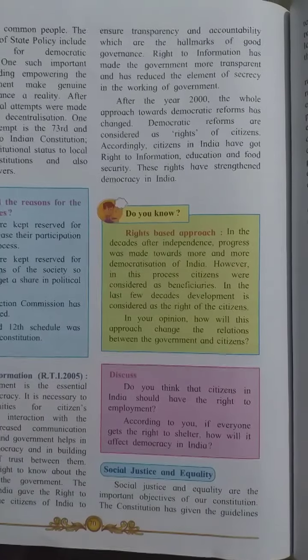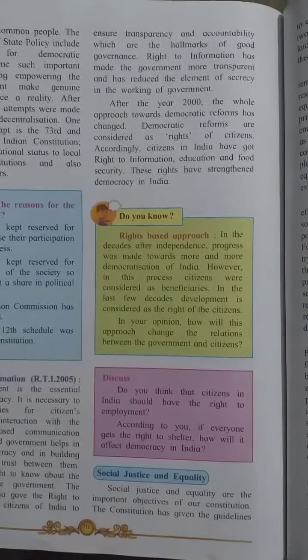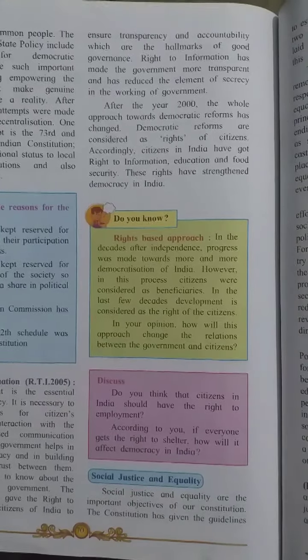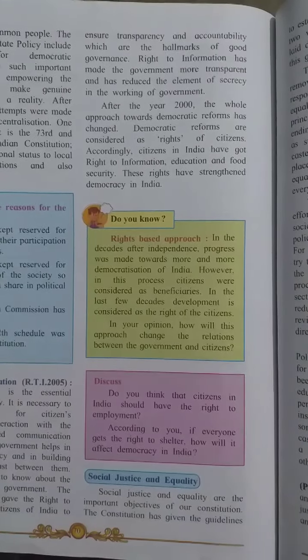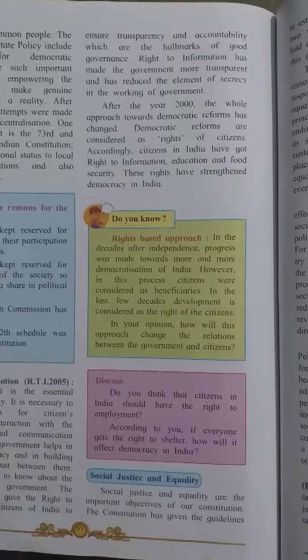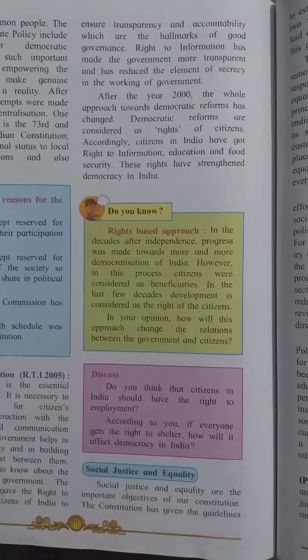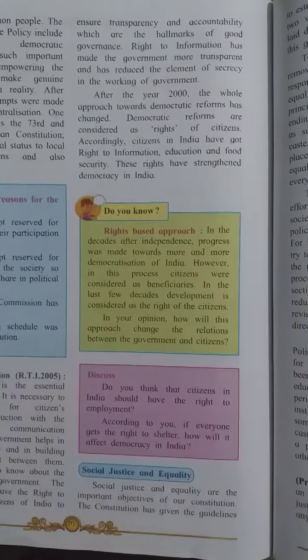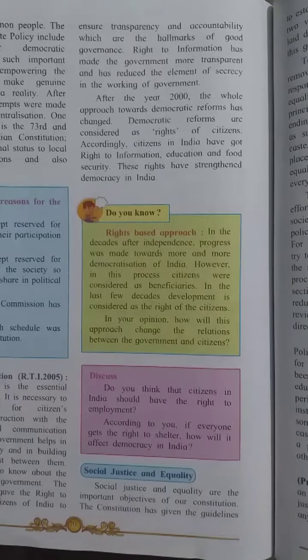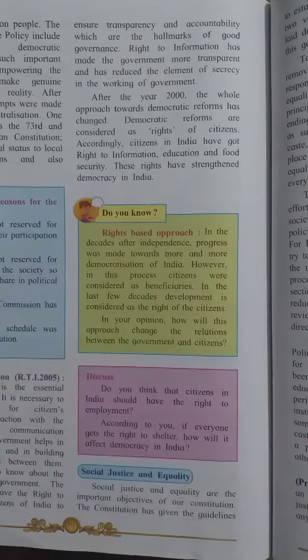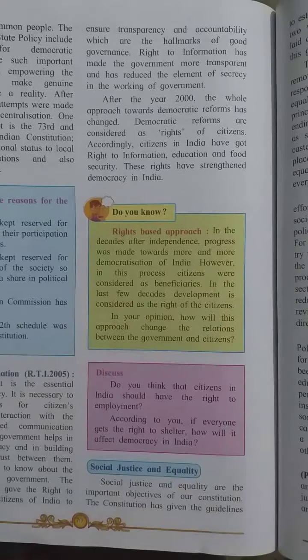After the year 2000, the whole approach towards democratic reforms has changed. Democratic reforms are considered as rights of citizens. Accordingly, citizens in India have got the right to information, education and food security. These rights have strengthened democracy in India.